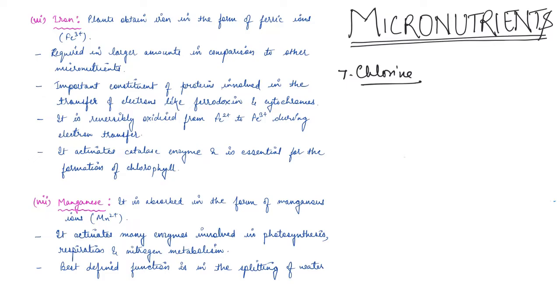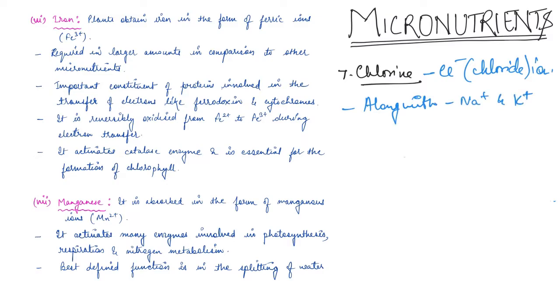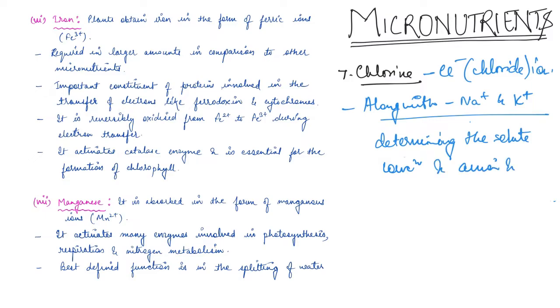Chlorine is absorbed as the chloride ion, and along with sodium and potassium, it helps in determining the solute concentration and anion and cation balance in the cells.